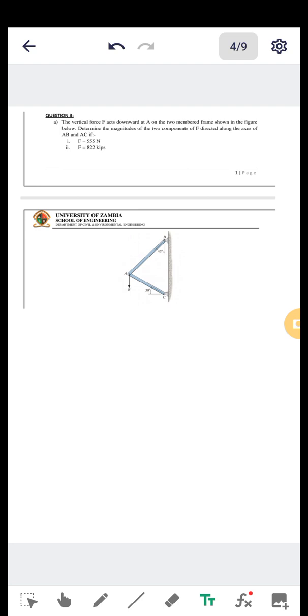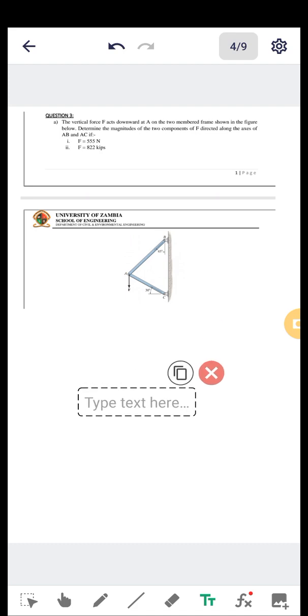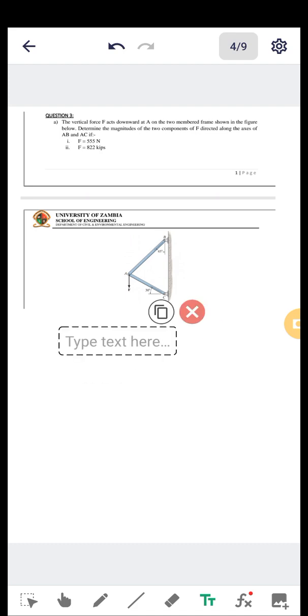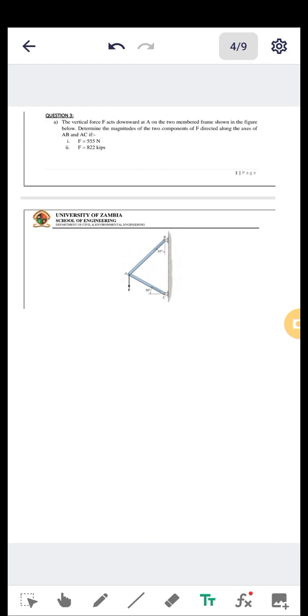The first one is given in the unit of Newton. On this one you don't have to worry, because you normally use the unit which you've been given. There's no need of conversion or anything of that kind.